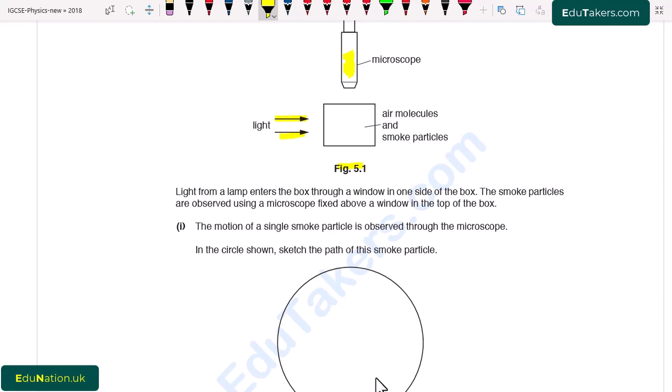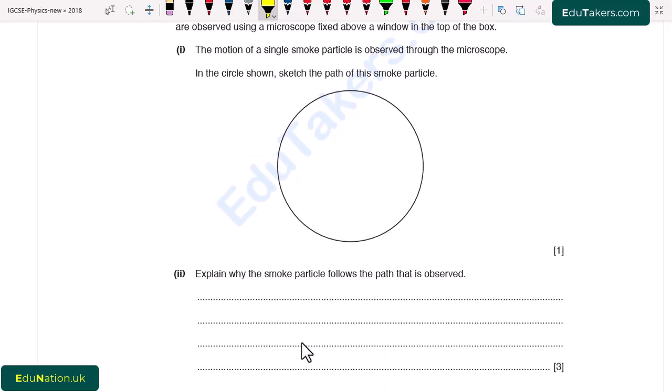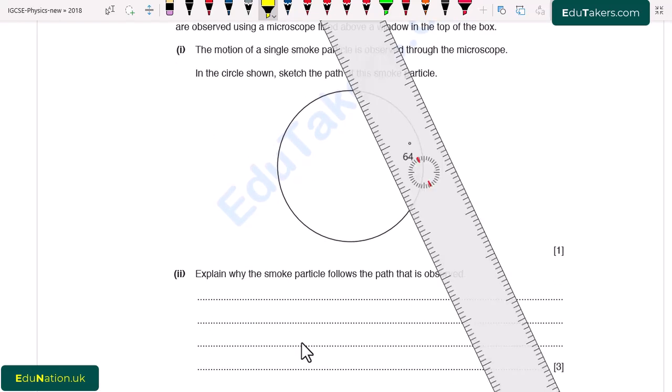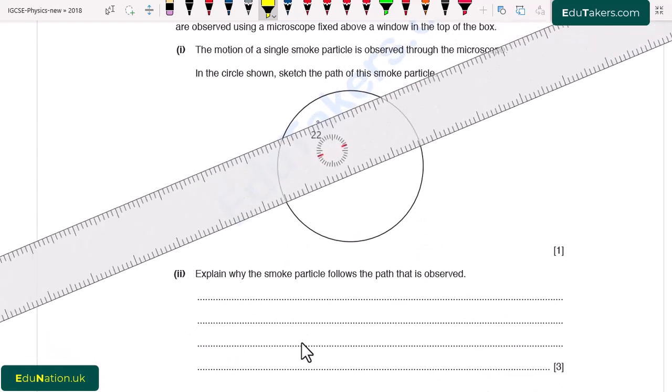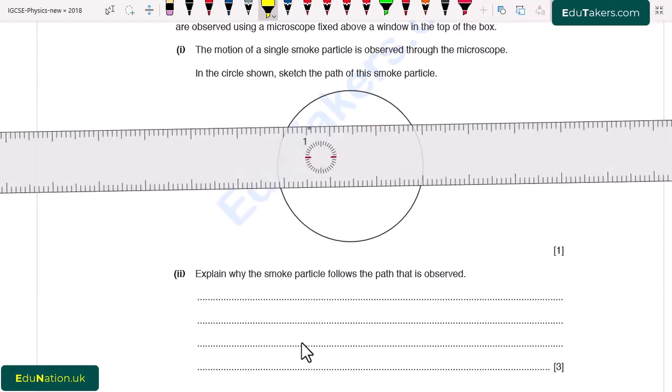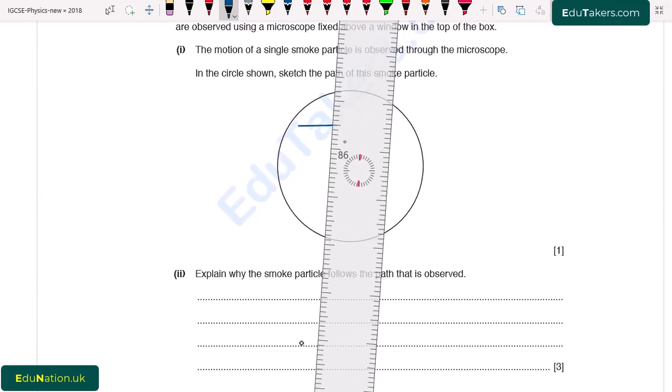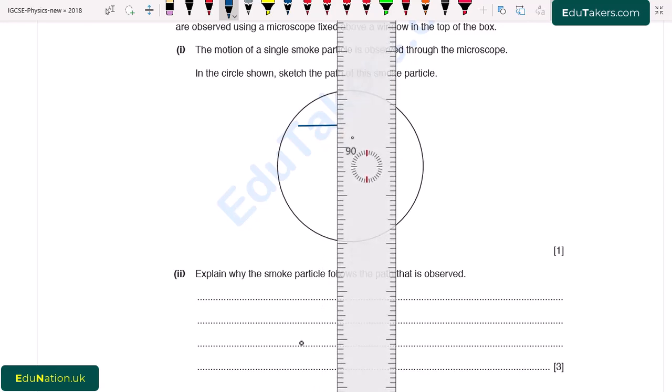Part 1. The motion of a single smoke particle is observed through the microscope. In the circle shown, sketch the path of this smoke particle. So first of all, the motion of this smoke particle is Brownian. It moves randomly in all the directions. So when we draw its motion in this circle, it will be just like this. In all directions, I just have to draw the lines.